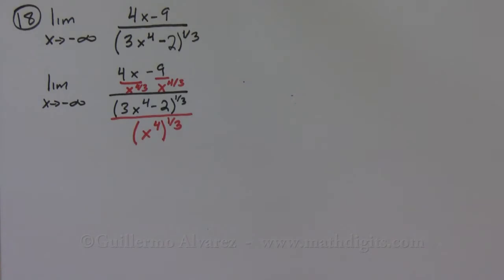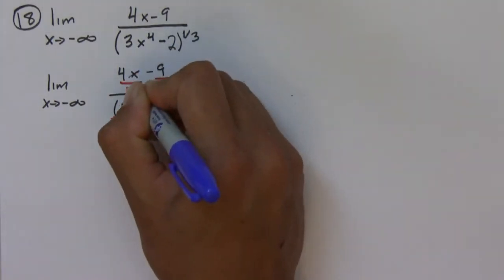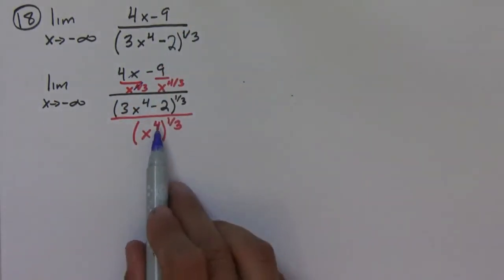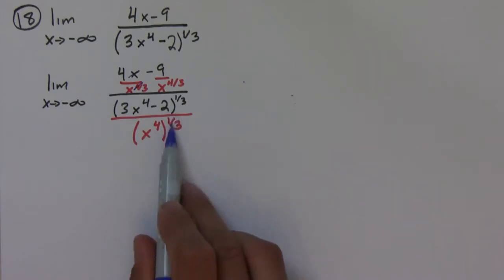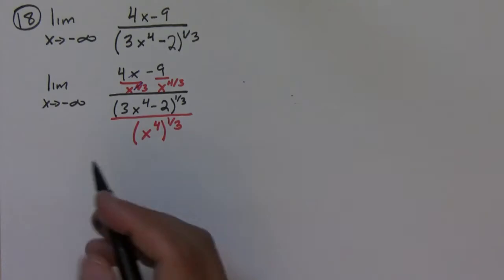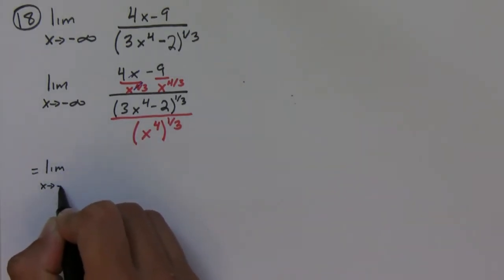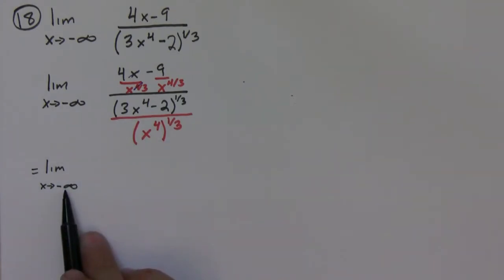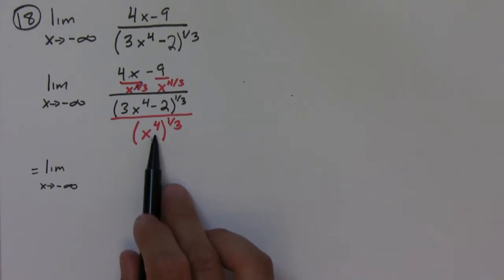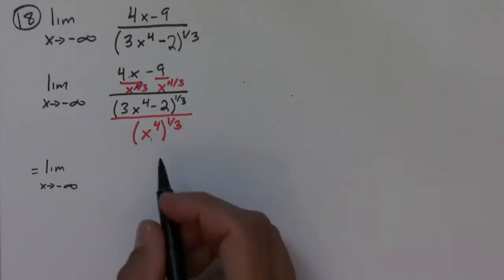Now these simplify, and I'm left with x to the 1/3 in the denominator. And these have the same exponent, so I can bring the x to the 4th inside without a problem this time. Here I have the limit as x goes to negative infinity. Notice that this time the sign doesn't matter, because when you raise a negative number to the 4th power, it's always going to turn positive.